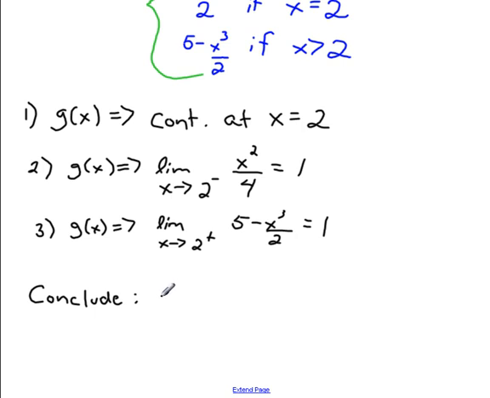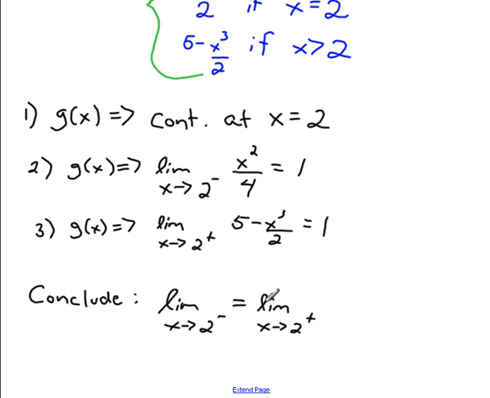So our conclusion here is this. The limit as x approaches 2 from the negative side is equal to the limit as x approaches 2 from the positive side, right? 1 and 1.